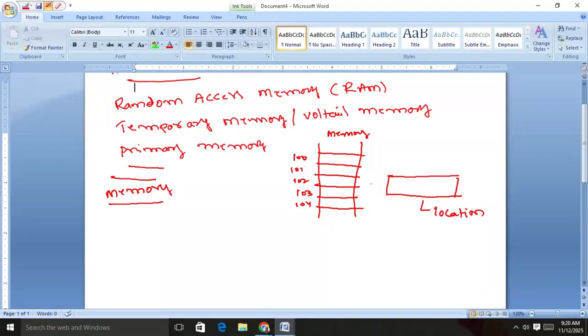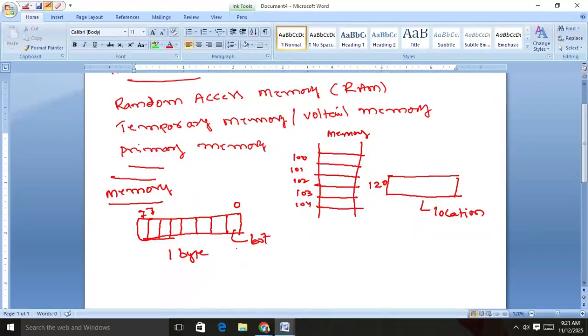Then the number of this location may be 120. The basic capacity of one location is 8 bits, represented as 0 to 7. That means 1, 2, 3, 4, 5, 6, 7, and 8. So this is the seventh one. This is known as a bit. So 0 to 7 bits is known as 1 byte. The basic capacity of one location is 1 byte.